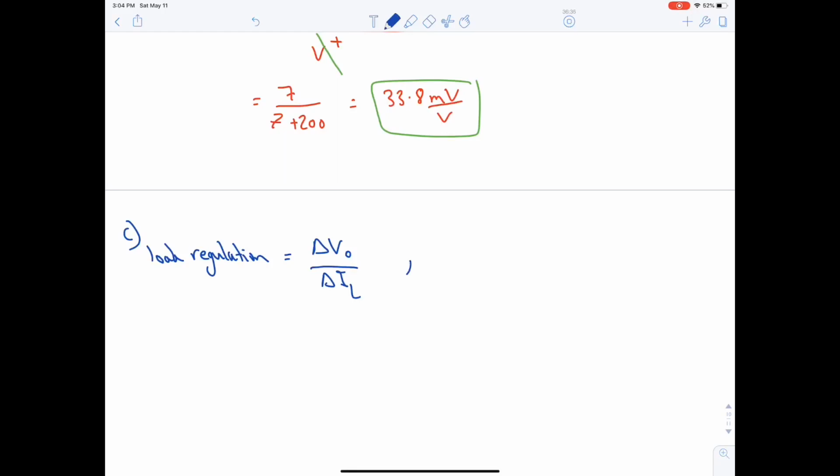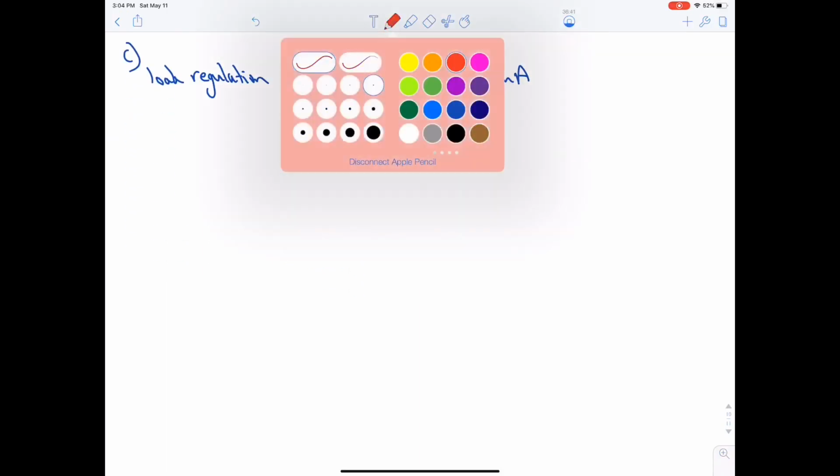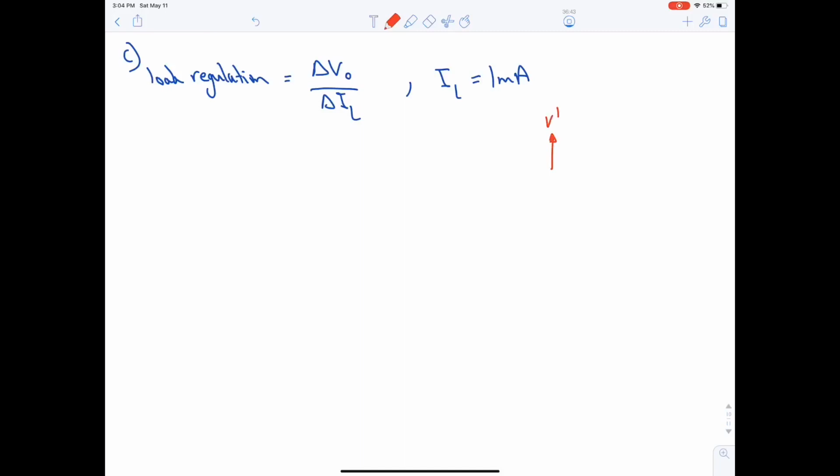Let's assume that IL is 1 milliampere. Now let's redraw the circuit. This is V plus, this is 200, Rz, and RL, where IL is equal to 1 milliampere.